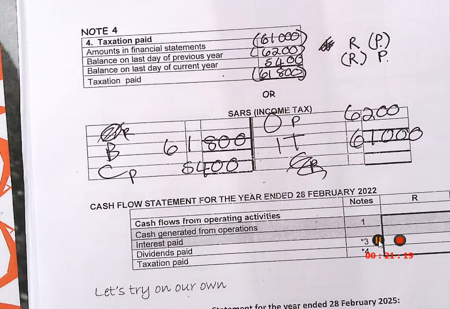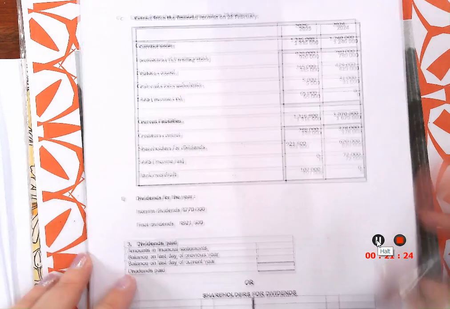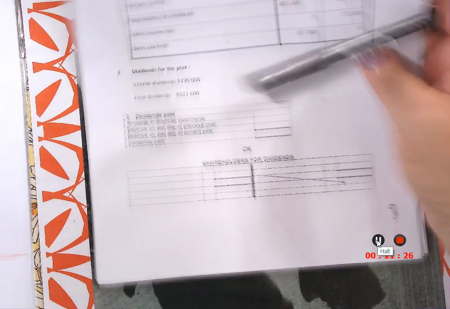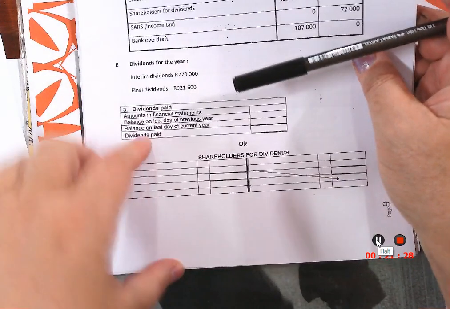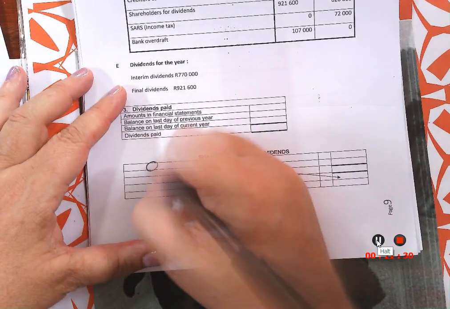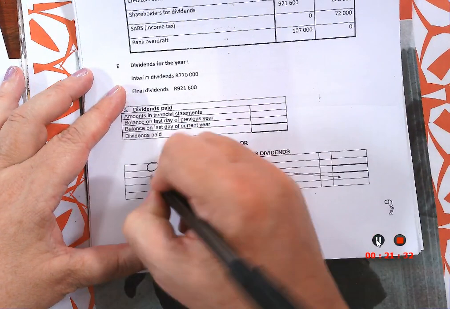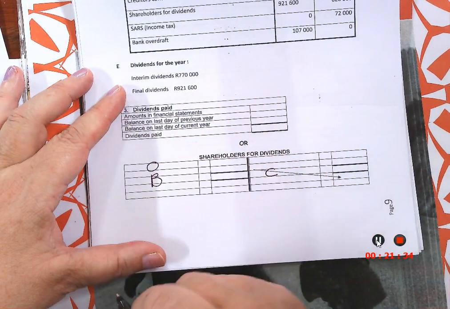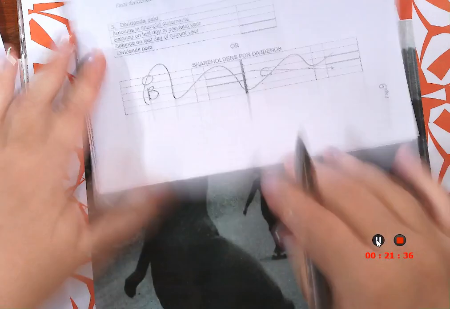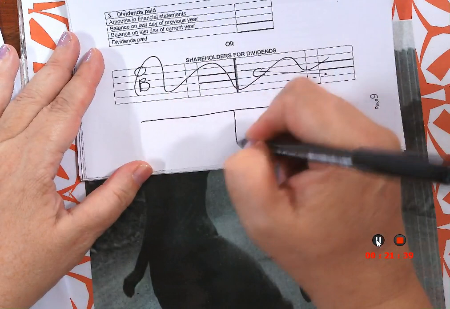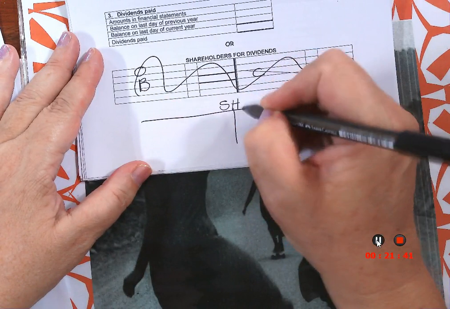If I look at this one, if I do shareholders for dividends, I say, I got an opening and a closing and a bank, and I'm doing it wrong. Yes, why are you eyeing me? You should have picked it up immediately.